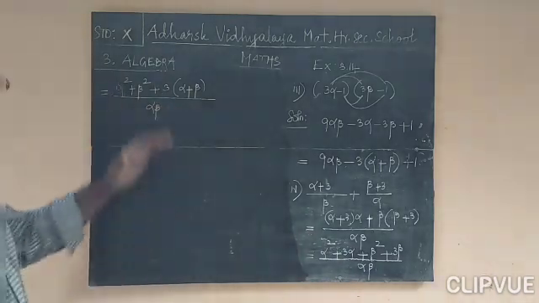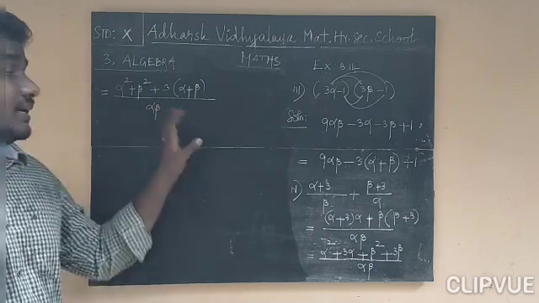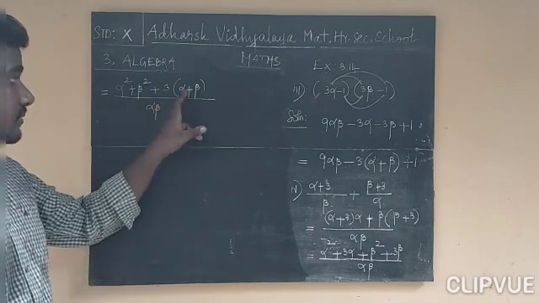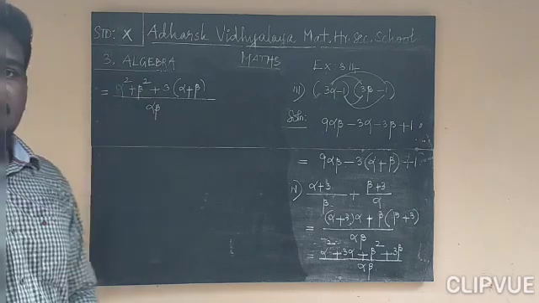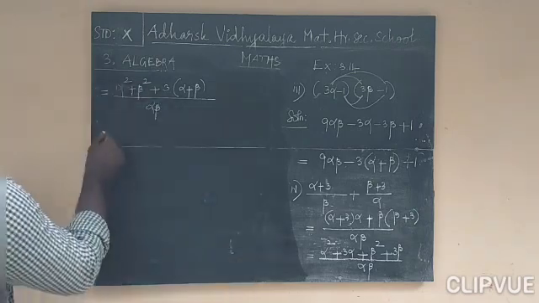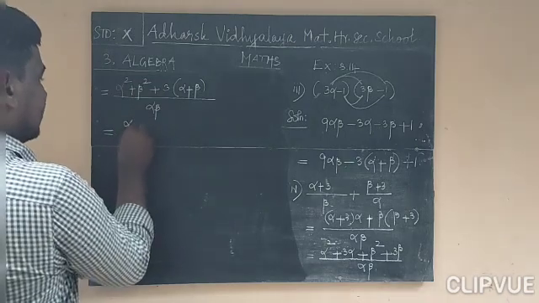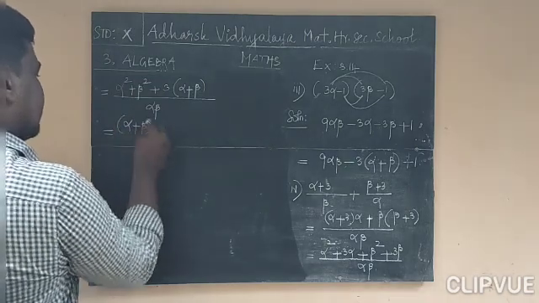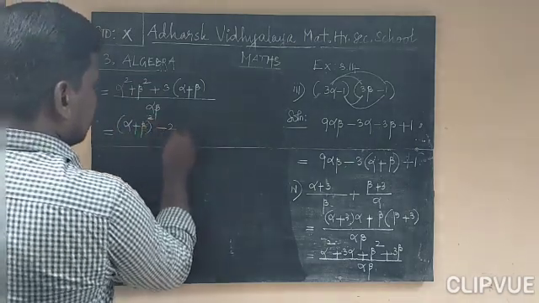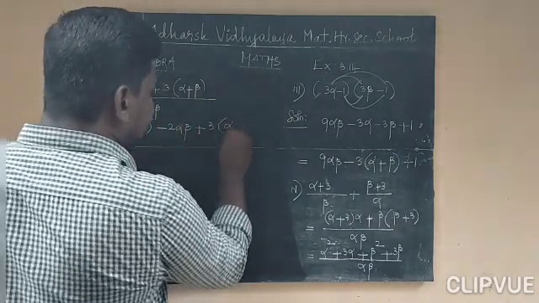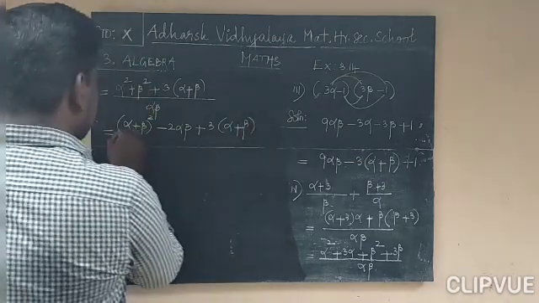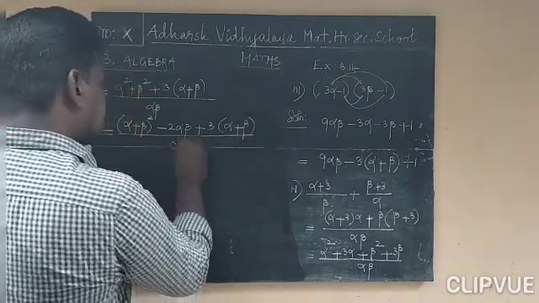So now we have a resultant expression containing only alpha plus beta and alpha into beta. No, alpha square plus beta square is there. So we can replace its value. What is that? Alpha square plus beta square is alpha plus beta the whole square minus 2 alpha beta. This plus 3 alpha beta by alpha beta.